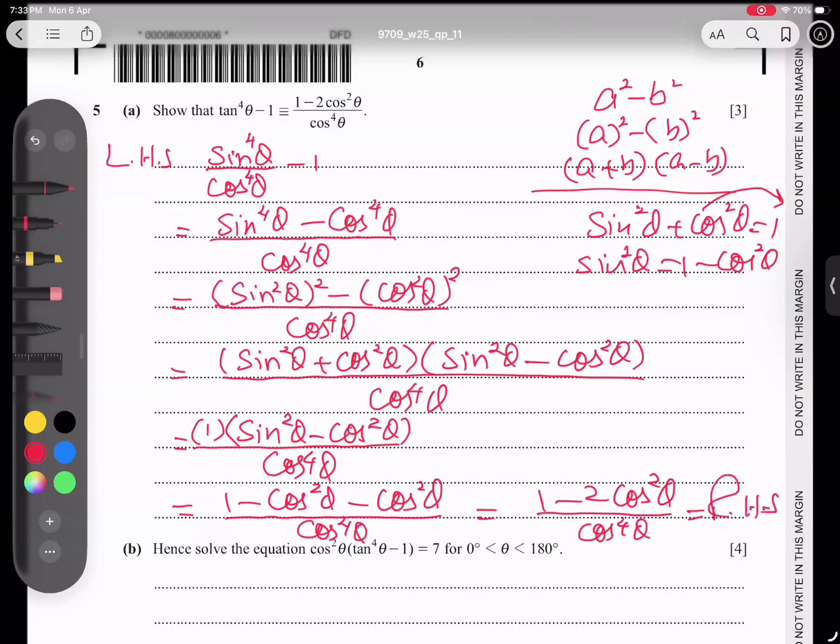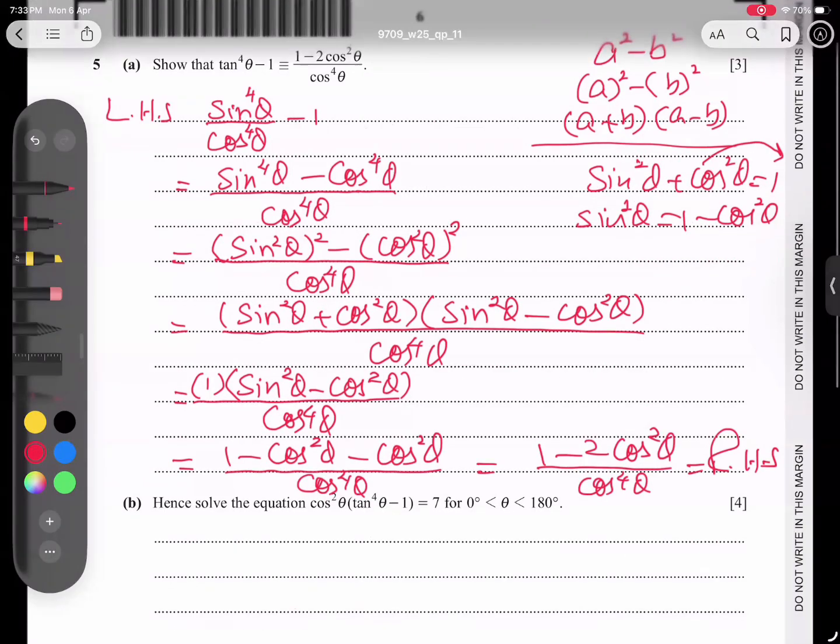I hope this part is very clear. And now he's asking to solve this one. Check it. Is this bracket value the same? Exactly. Can I replace this by this one? Why not? So I am writing cos squared theta as it is, whereas this bracket value is the same, so I'm copying this here.